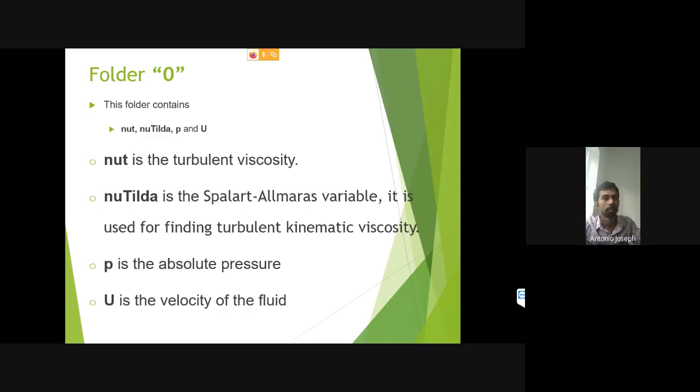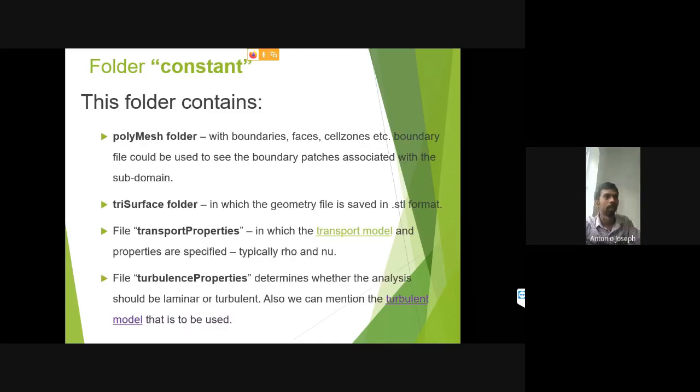In the case of the polyMesh folder, we will have the boundaries. Before creating the initial and boundary conditions, we will check this polyMesh folder, which has a file called boundary.